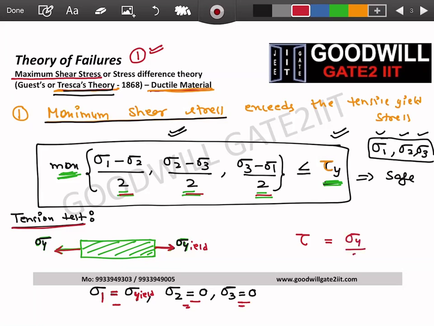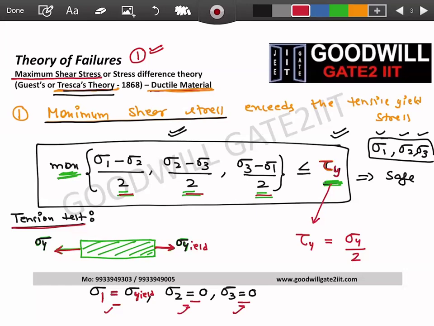Just tell me yes or no. Do you people agree on this? If you take your sigma 1, sigma 2, and sigma 3 and apply your theory, you will get this, which is equal to tau y, right? See what I have done? Tau y, I have copied it here. And when you apply this, you get this equation.